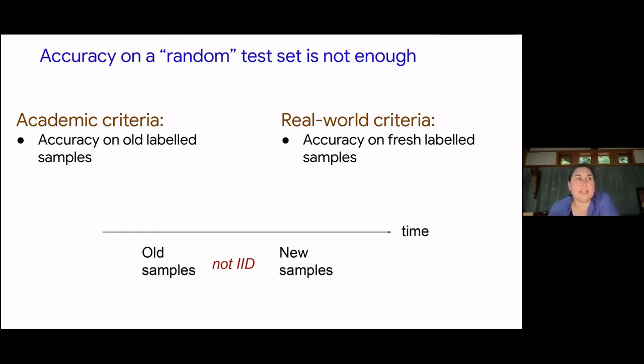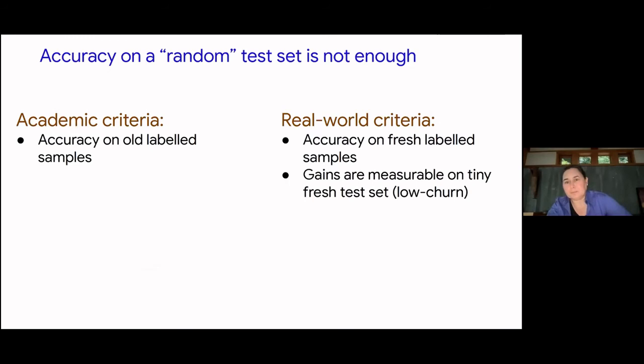And especially with internet stuff, everything is always moving very fast. Your users are changing, your inputs are changing, the fashions are changing, and so you don't have IID. And so you need more regularization than your old test set accuracy would tell you. And constraints can help you get better and more meaningful regularization.